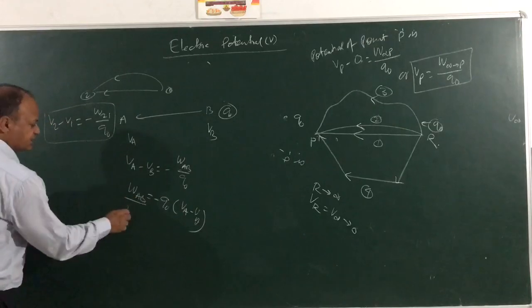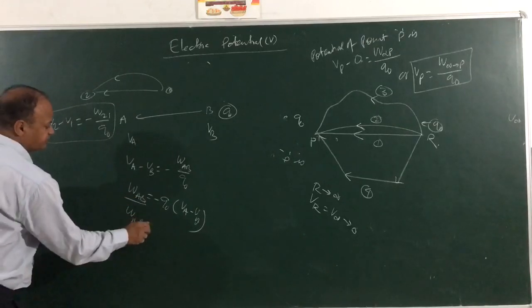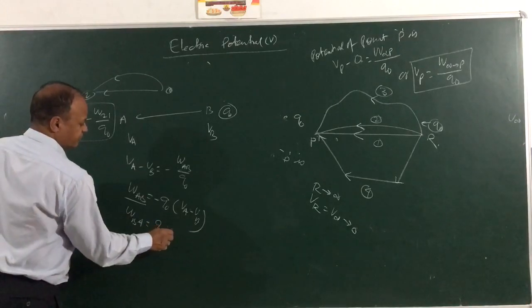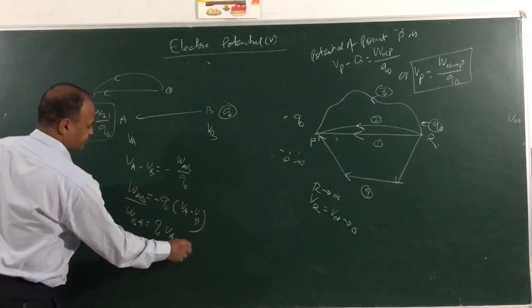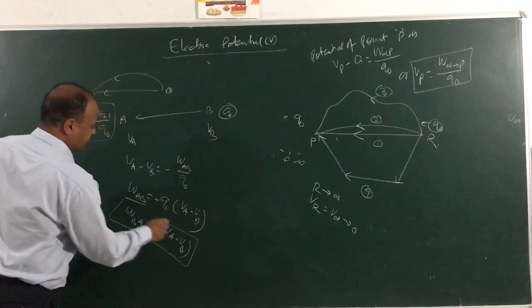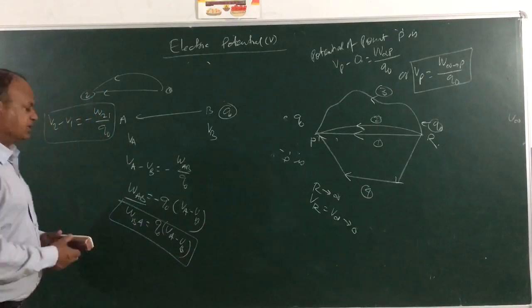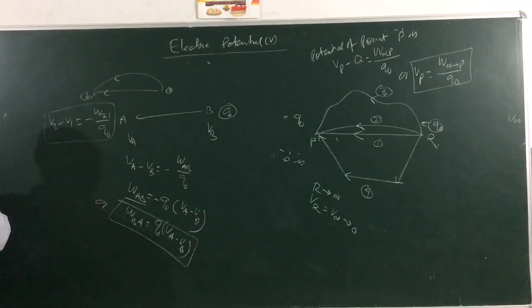If you reverse this, you can write W_BA is equal to q naught into how much? (V_A minus V_B). This result will also be utilized by us. That work done is equal to charge into potential difference. We can also call it delta W is equal to q into delta V. We will be using this concept in a number of numericals.